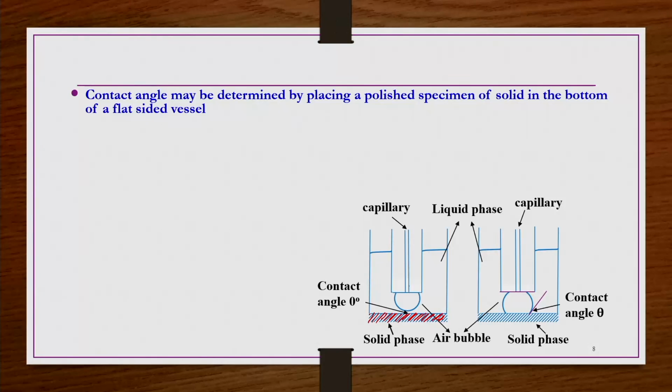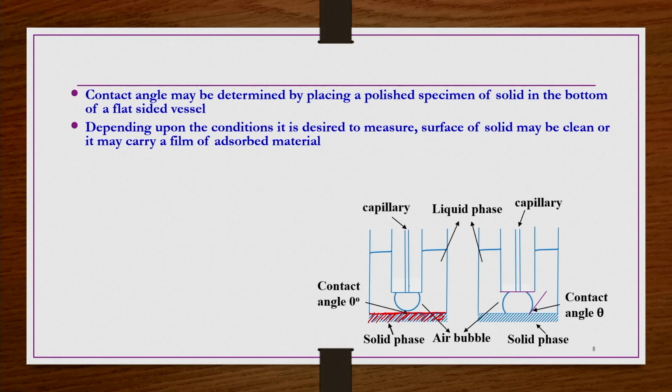This flat sided vessel like this, you take a solid surface like this. Okay. And then depending on the conditions it is desired to measure, the surface of the solid may be clean or it may be carrying a film of adsorbed material. Okay. It may be clean or it may have a kind of adsorbed material, depending on what conditions you want to measure.